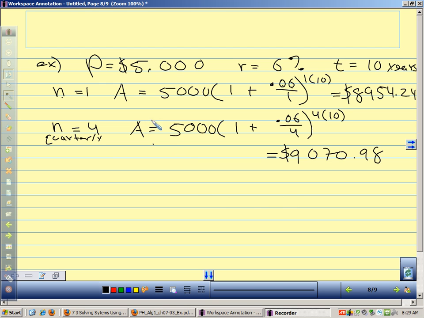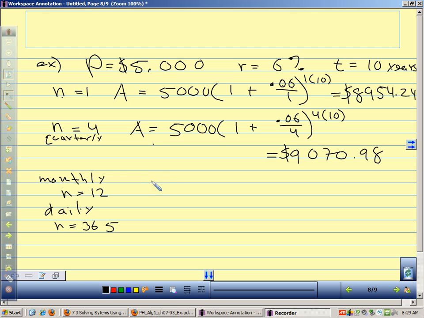And we could keep going if we wanted to compound monthly. N would be 12. Daily, n equals 365.